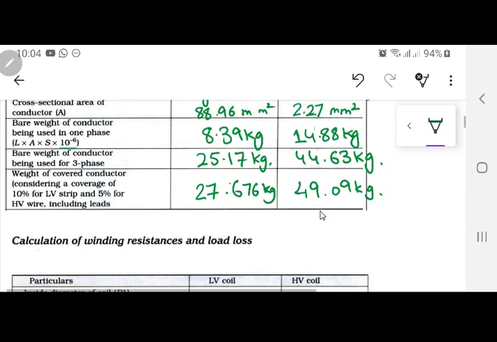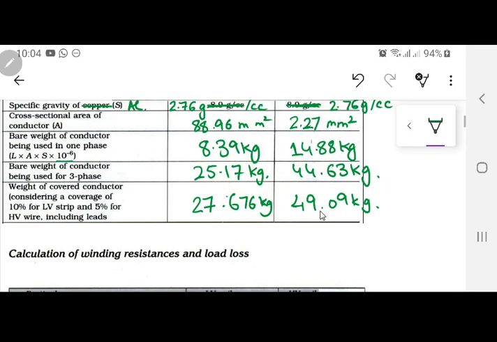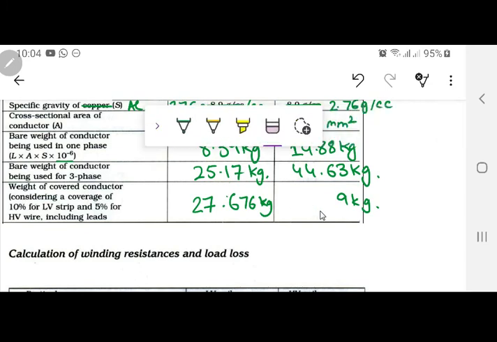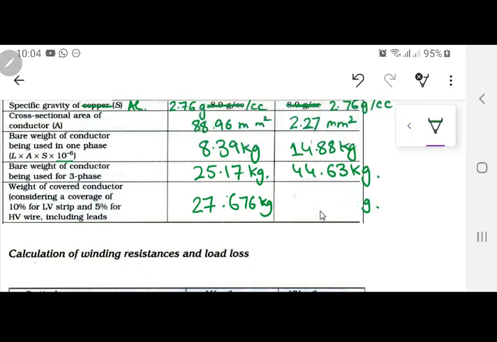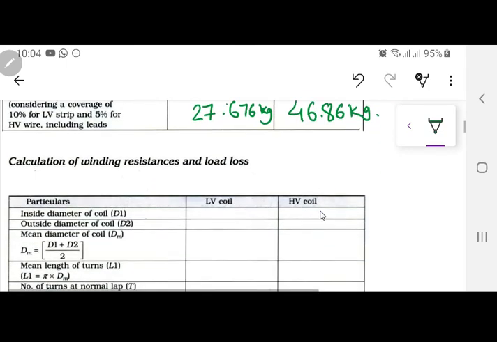You did this wrong, you must not have used 5%. 40.86 kilograms. Still, this is 75 something kilograms of the copper being used.